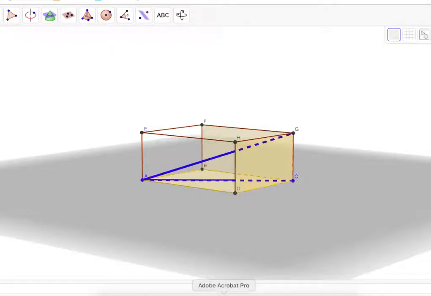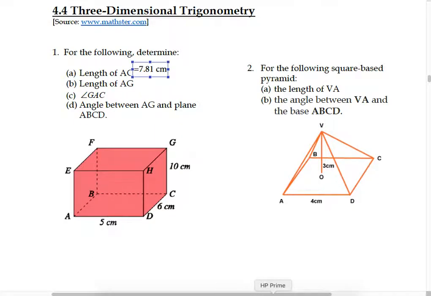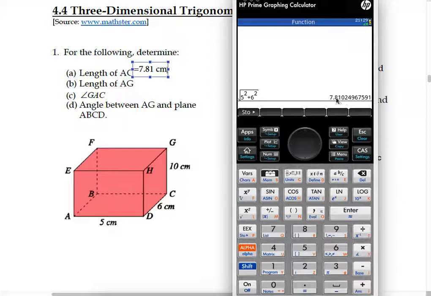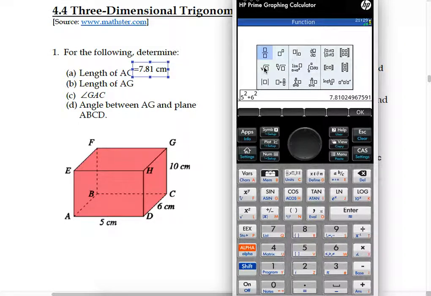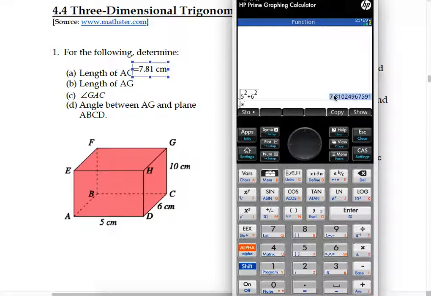So go on and calculate again with your calculator. We already have AC. We can use 7.81, but it's probably more accurate to use this long version. So I'm going to take the square root of this number squared plus CG, which is 10 squared.